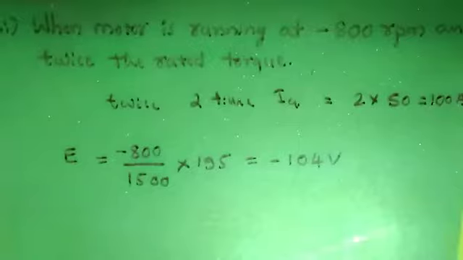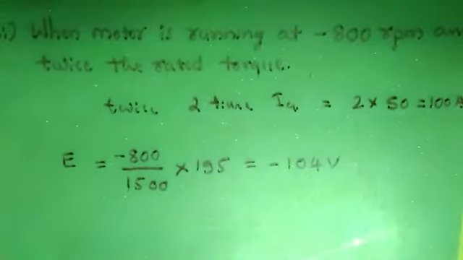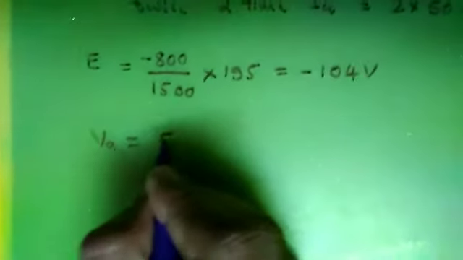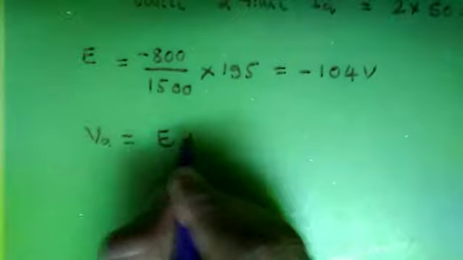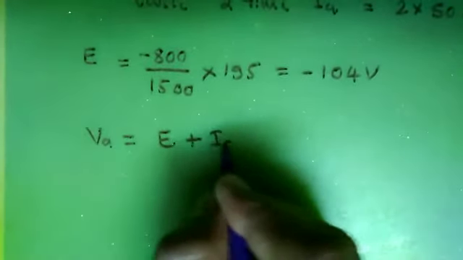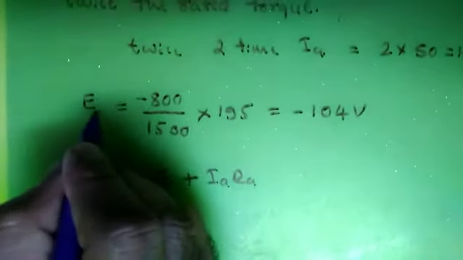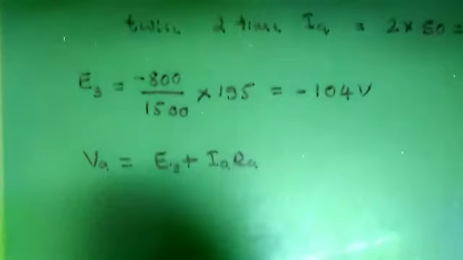Okay, so once you got this, calculate VA again. VA is nothing but E plus IRA. Earlier you gave the notation E2, now you can give E3.